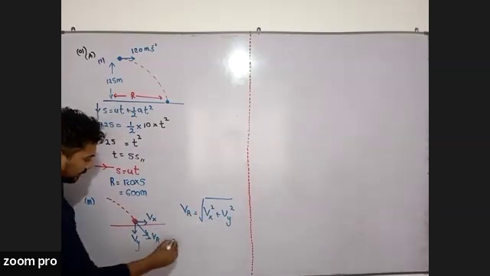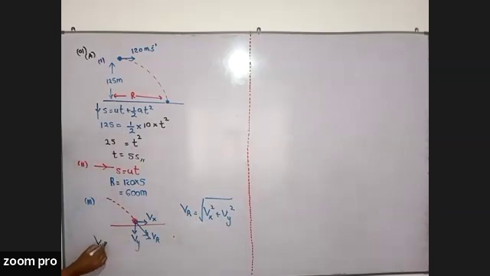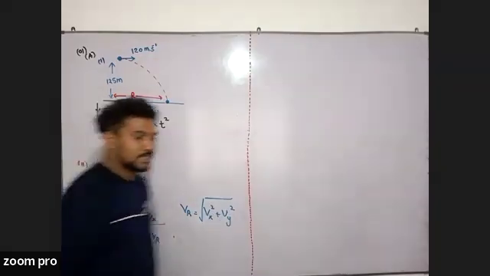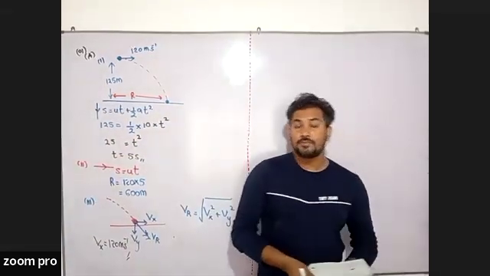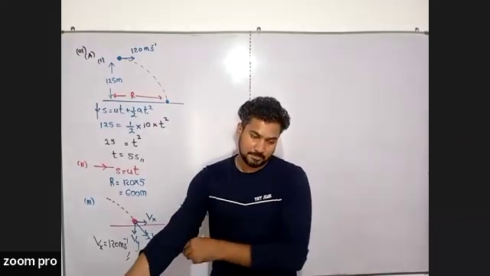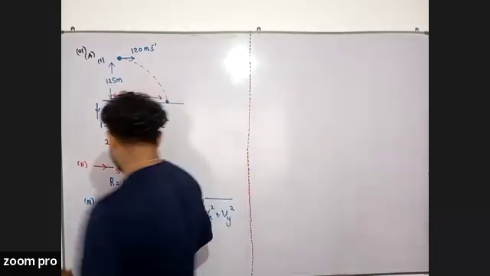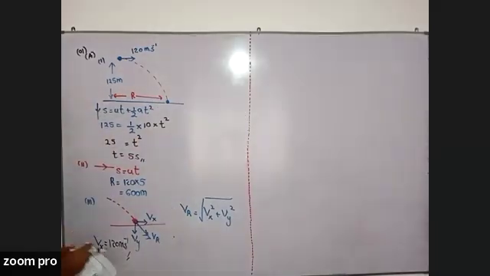Now we already know the value of Vx, that is 120 m s^-1, because guys, keep in mind that the horizontal velocity component of a projectile motion remains constant. So that's why it can directly be considered as 120.